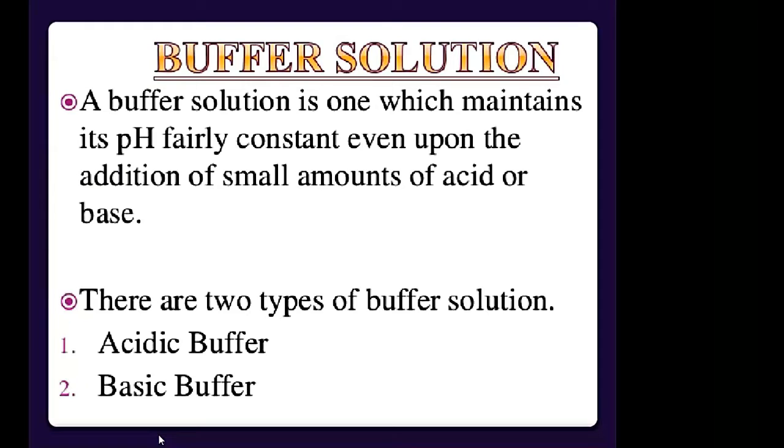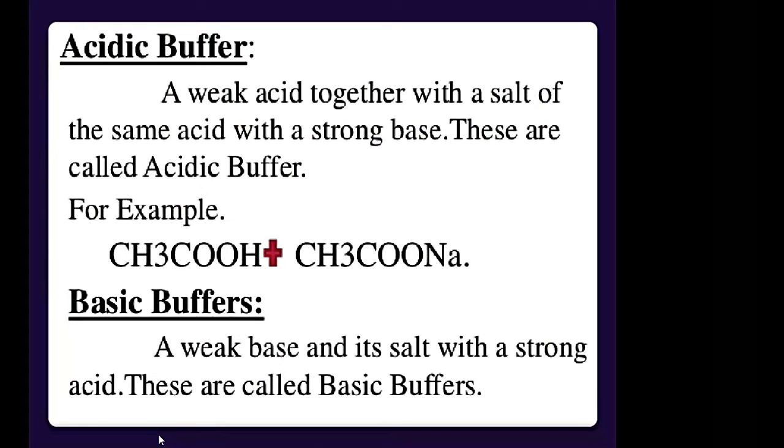There are two types of buffer solutions based on their pH: acidic buffer and basic buffer. An acidic buffer will have an acidic pH. A basic buffer will have a pH greater than 7. What is an acidic buffer? An acidic buffer is a combination of a weak acid and its corresponding salt, that is, a weak acid together with a salt of the same acid with a strong base.